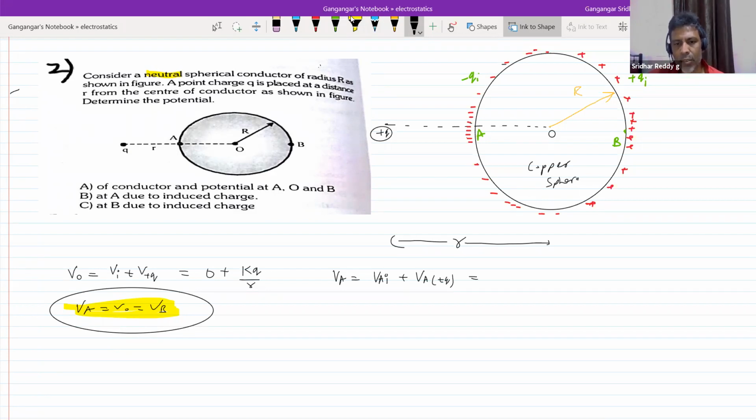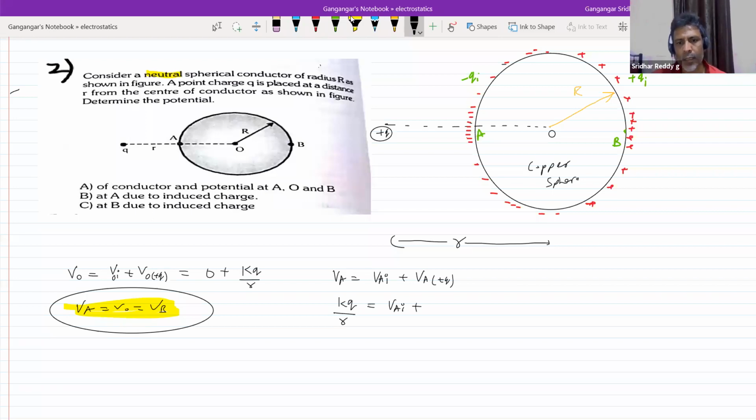Net potential at A should be equal to kQ by D. Due to induced charge, we don't know, so here also, everywhere we will take the same symbols.